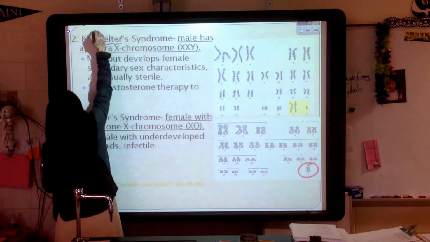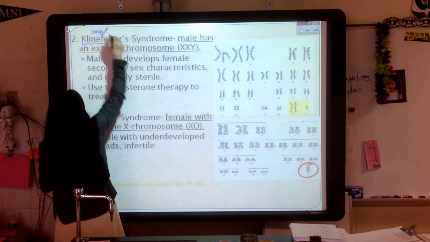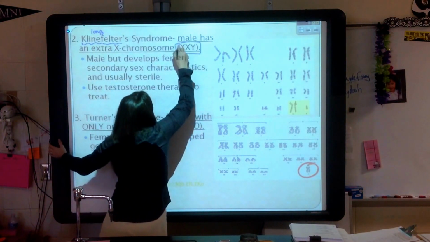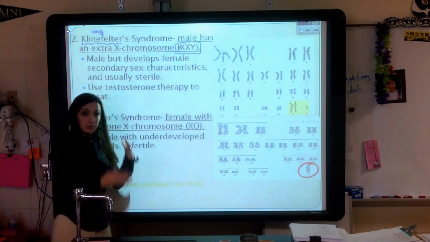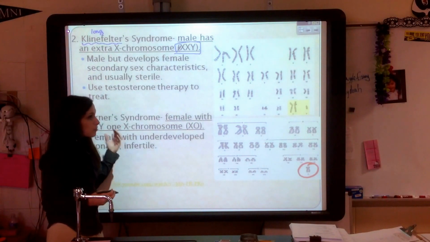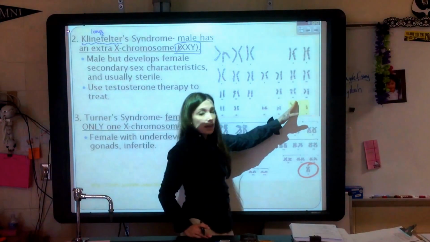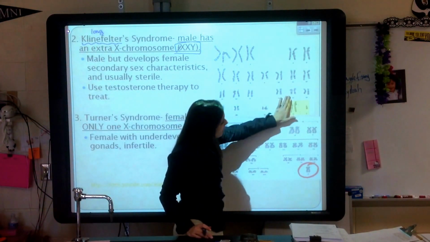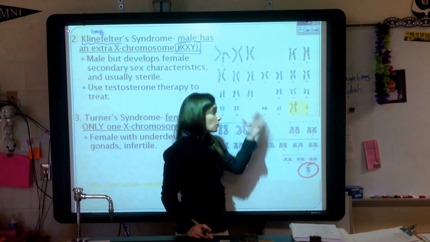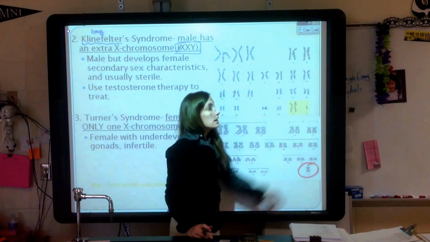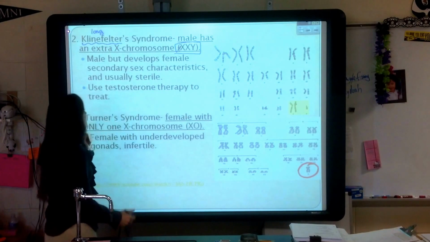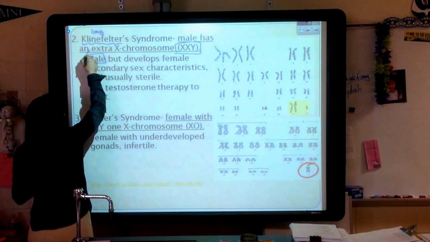This is a pretty long word, Klinefelter. And XXY is kind of a long genotype. Remember, normal females are XX, normal males are XY. This individual is XXY. Now, having a Y makes you a guy.